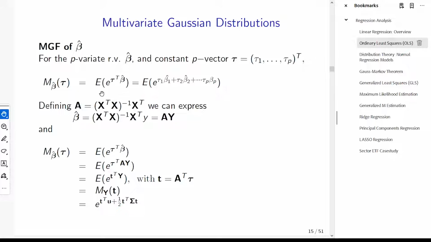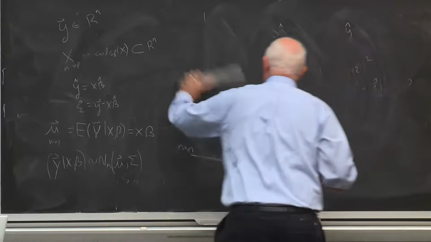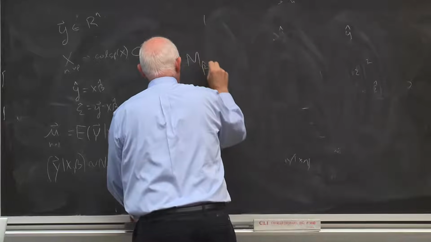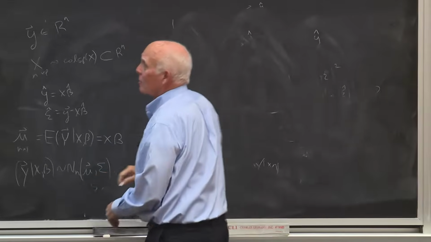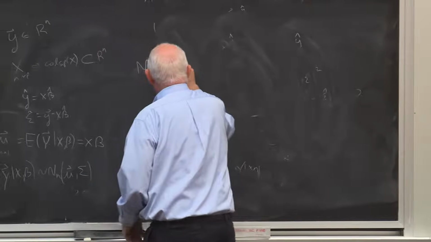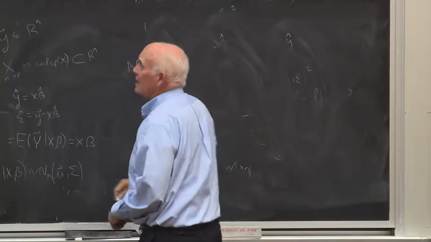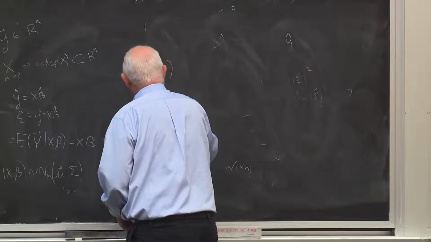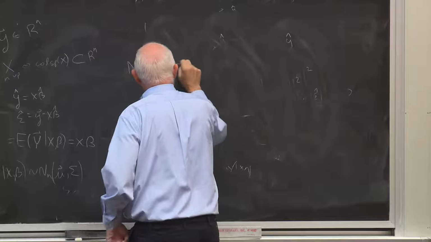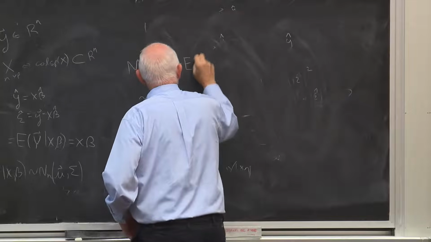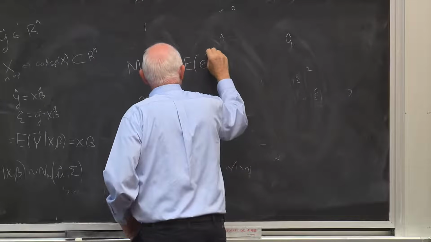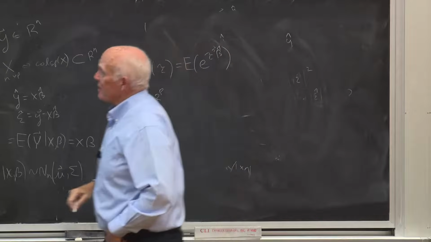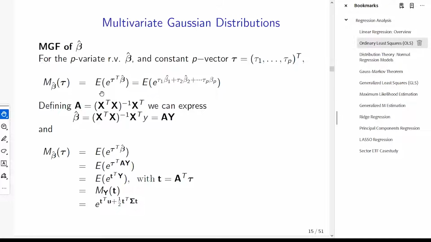And in writing that out, m sub beta hat, I'm going to use a different argument, tau, which will be a p vector. And this is going to be the expected value of e to the tau transpose beta hat. So this is the definition of the moment generating function.